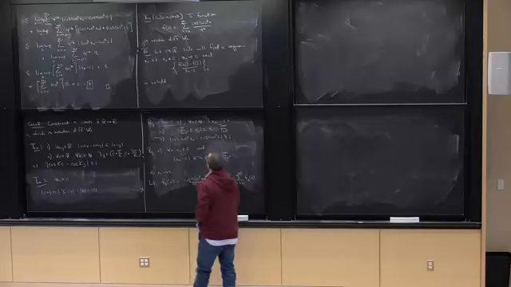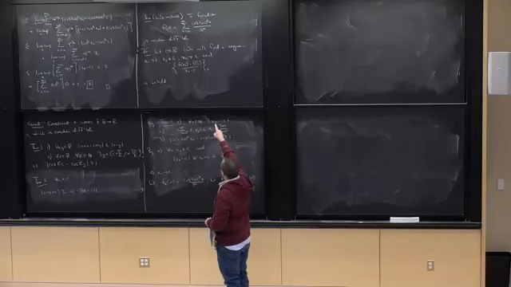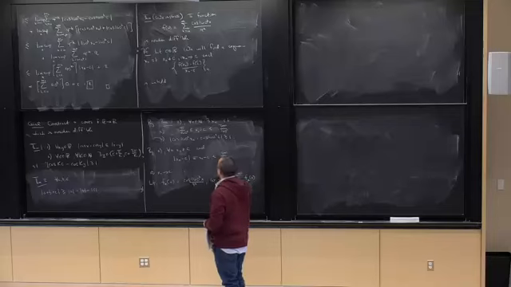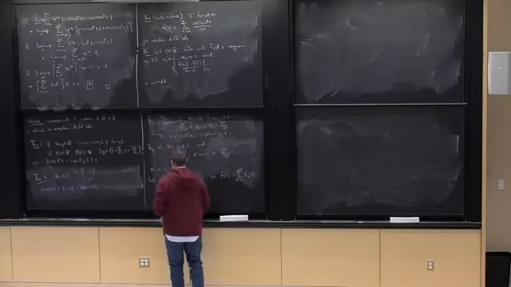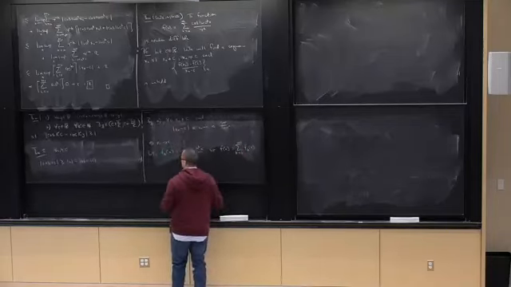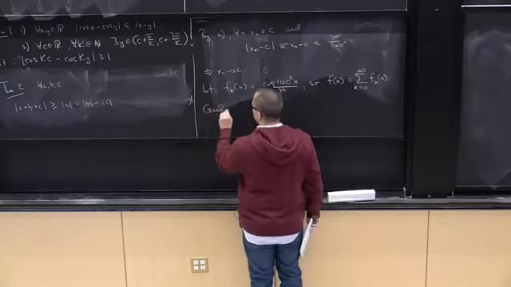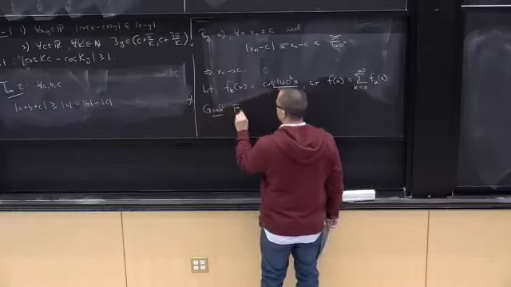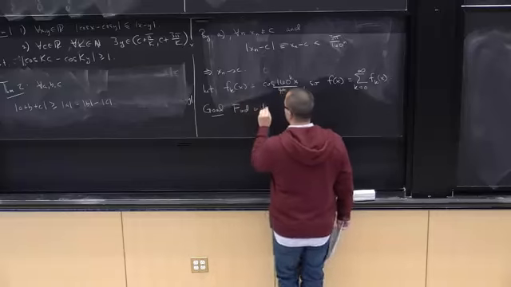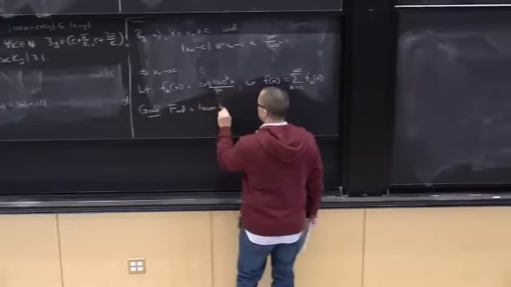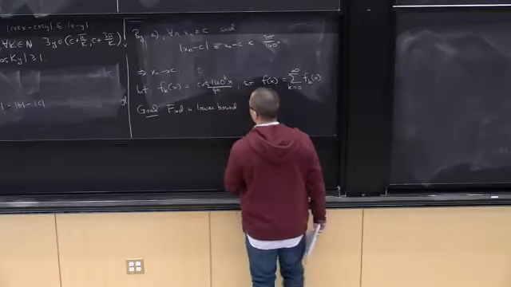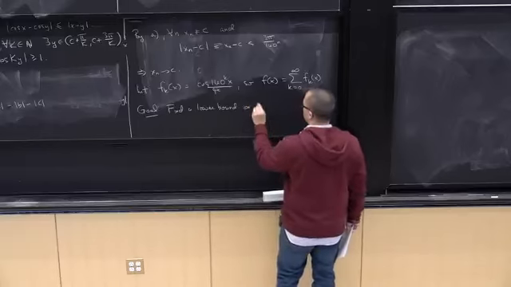And now what we're going to do is find a lower bound on the absolute value of f of x n minus f of c over x sub n minus c.